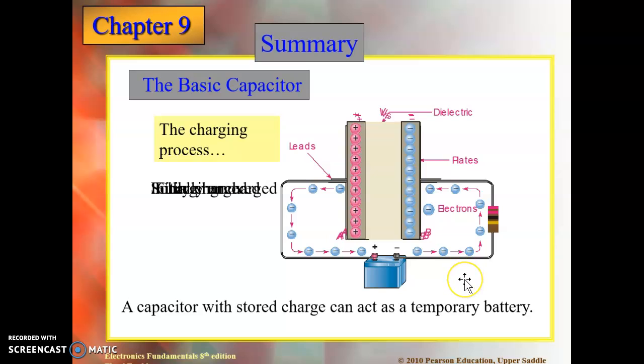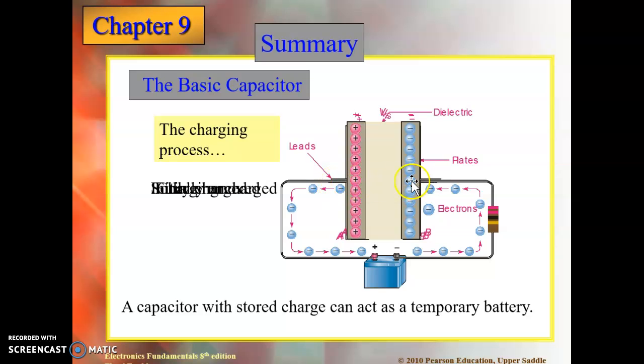So here is how a charging process works. We have a battery and the two capacitor plates. The electrons keep going and come to this side, transferring energy.